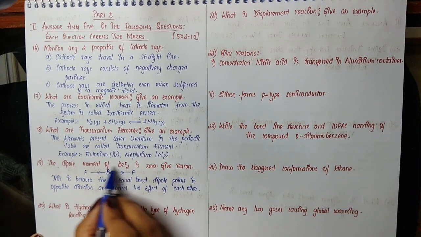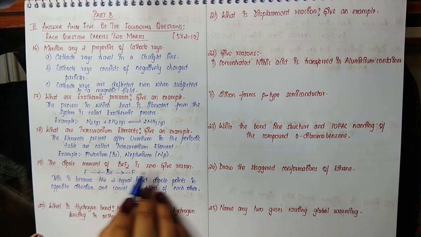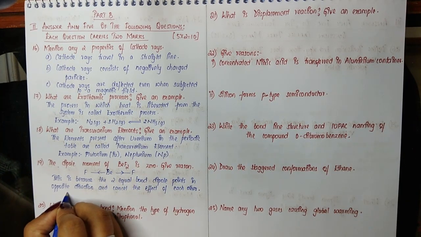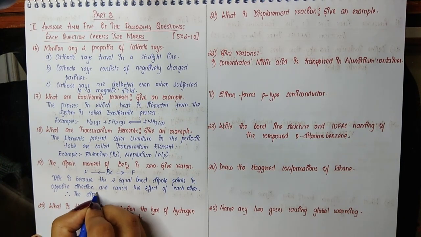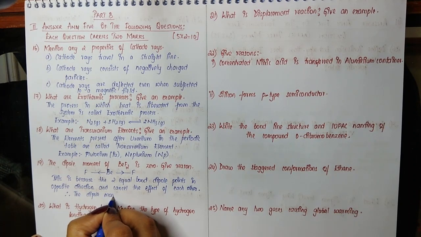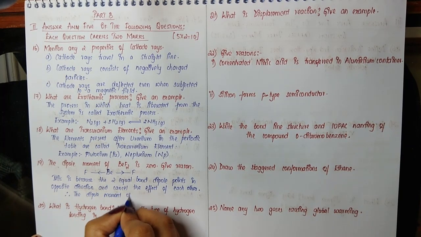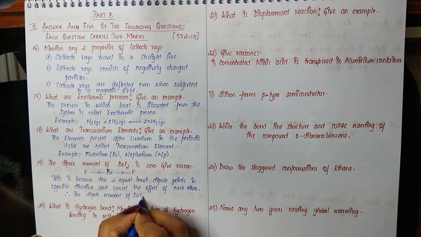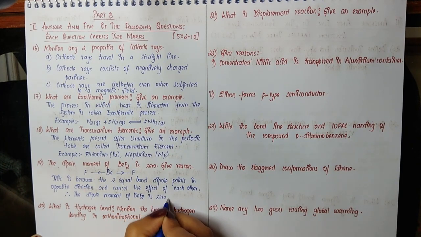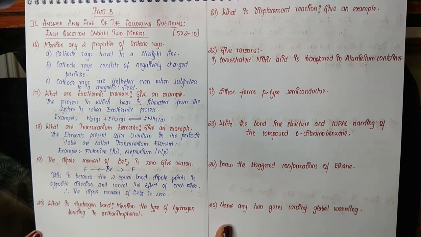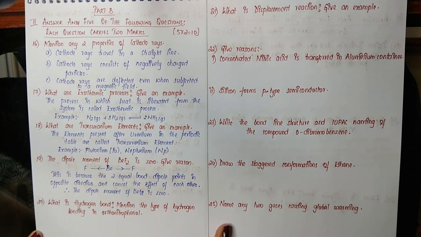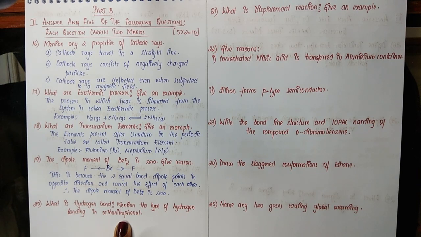This is going to be the reason for BeF2 dipole moment being 0. Therefore, the dipole moment of BeF2 is 0. Now the next one is question number 20. What is hydrogen bonding? Mention the type of hydrogen bonding in orthonitrophenol.